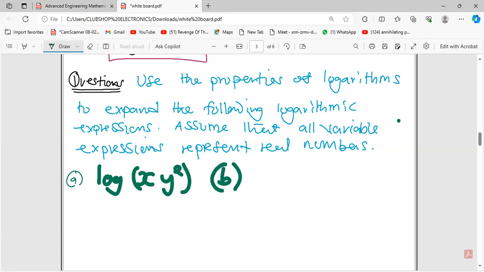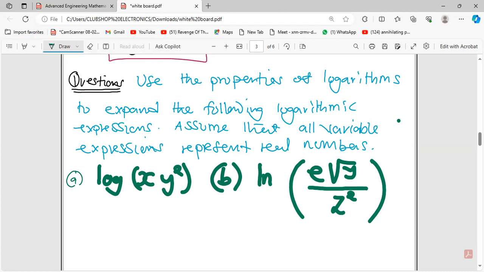Then B, ln of e square root of y divided by z squared.